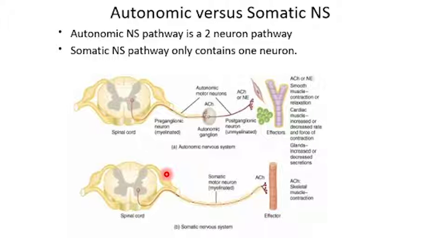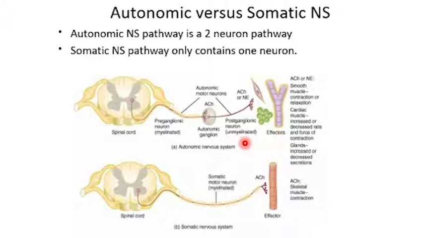I will briefly talk about the autonomic nervous system. The autonomic nervous system, as opposed to the somatic nervous system, is a two-neuron pathway. You have a preganglionic neuron, which is myelinated, the B fibers we talked about. You have an autonomic ganglion in between, and after that a postganglionic neuron, which are the C fibers, unmyelinated.